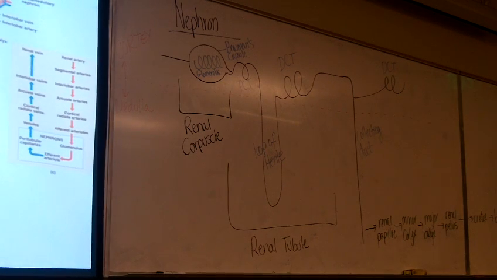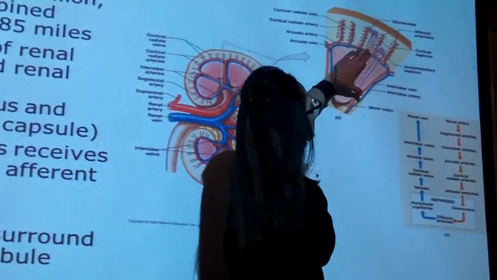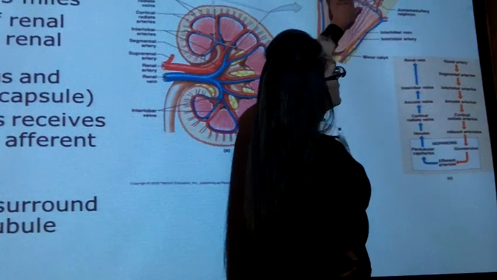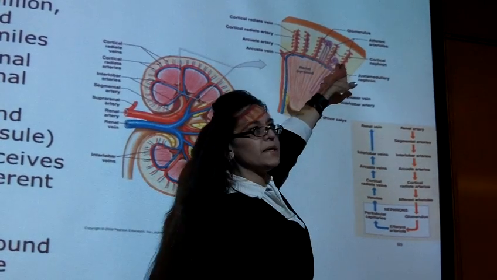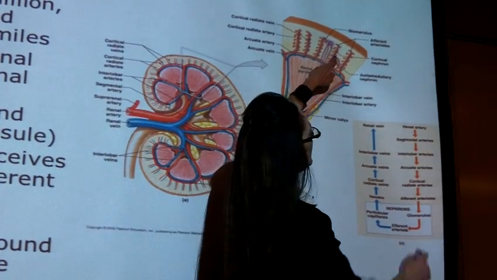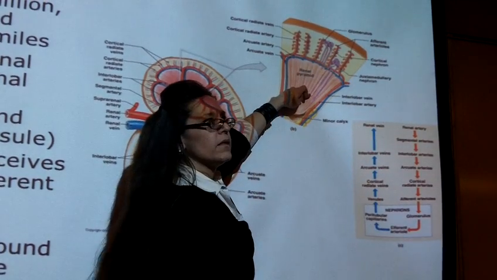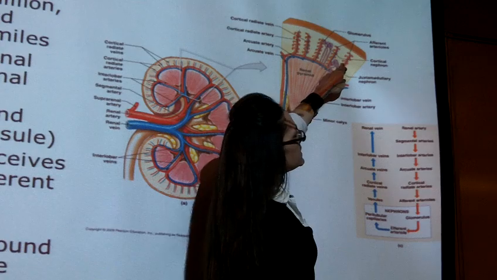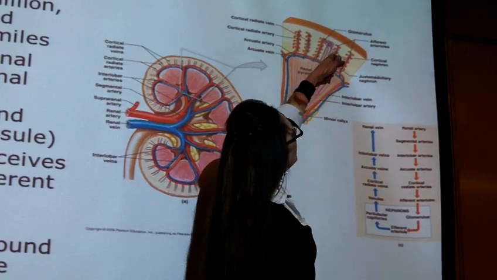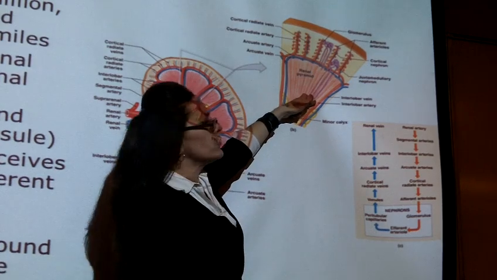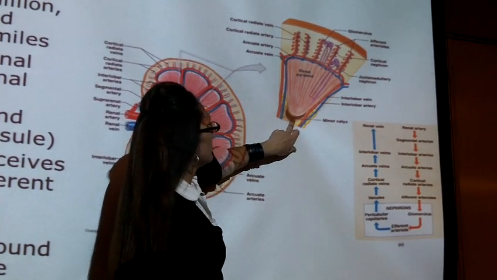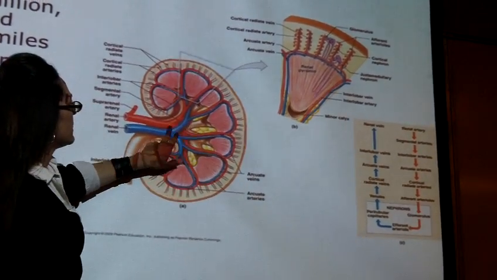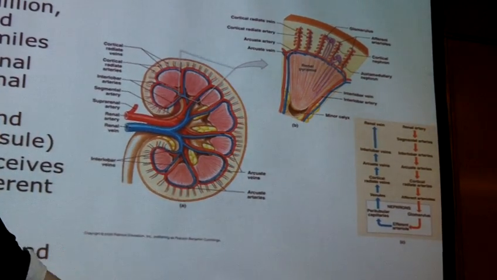So if we take a little chunk out here, if we take one of these renal pyramids and pull it out here, then up here in the cortex, that's where we have the renal corpuscle, and then most of the PCT is going to be up there in the cortex, and then the loop of Henle is going to dip down like this into the medulla, and then the DCT is back up in the cortex, and then the collecting duct is down here into the medulla, and down here at the tip is the renal papillae, and then you go into the minor calyx, and then major calyx, renal pelvis, ureter, down to the bladder.